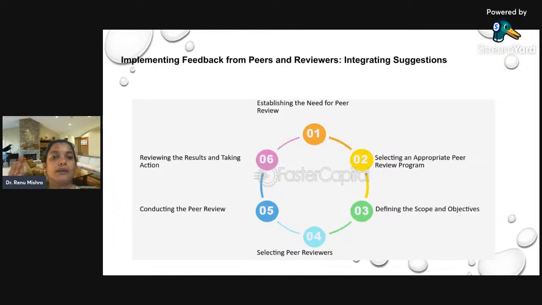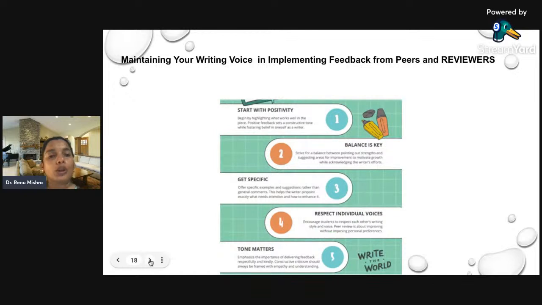So, being a reviewer, if any one of you is at that stage, you also need to understand that you need to give constructive feedback that always gives scope to the author to improve. Once you get that feedback, you need to always be welcoming and positive.